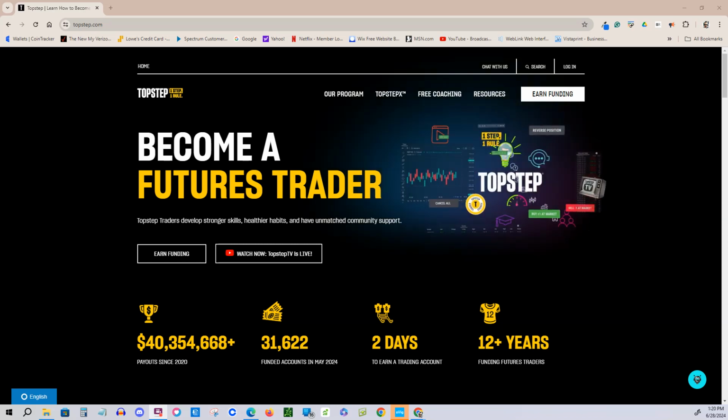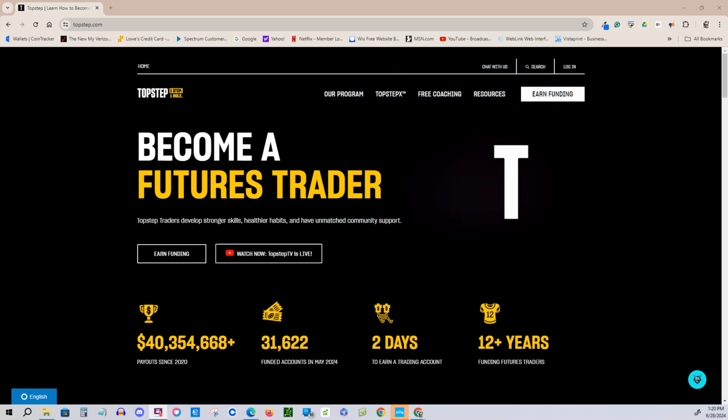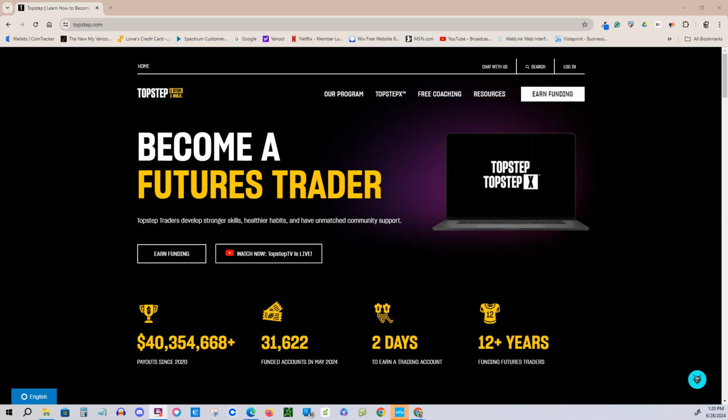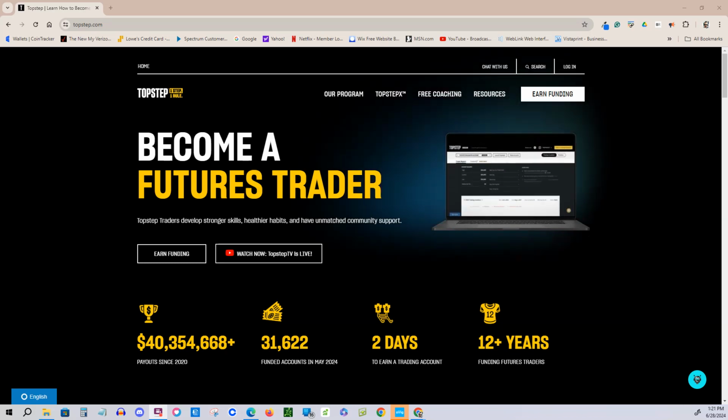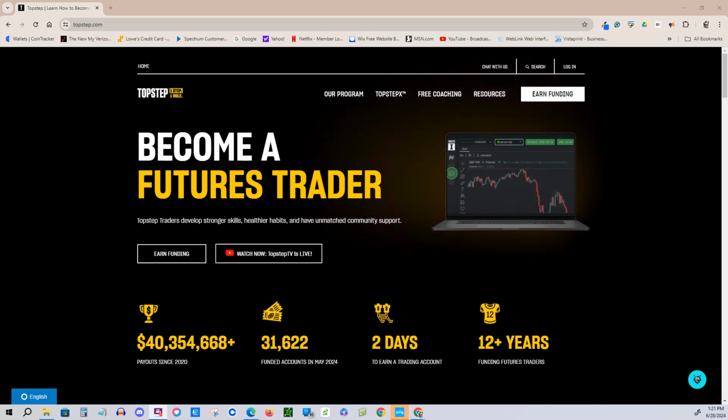They basically have stripped out the risk, while still making it so that you have to put some skin in the game, meaning it's not completely free. But it is a small fraction of what you would be losing if you were trading your own money.